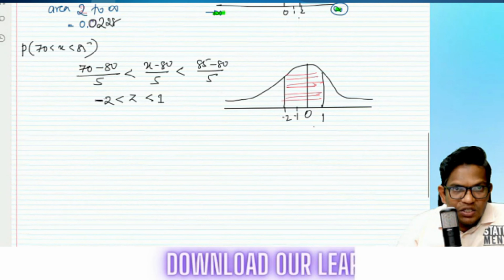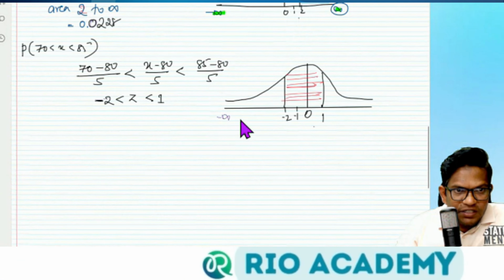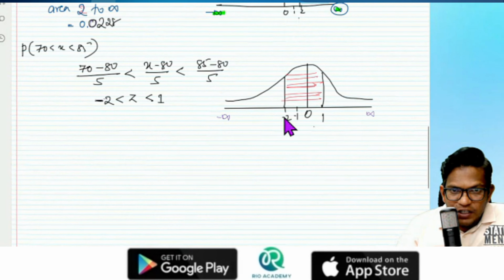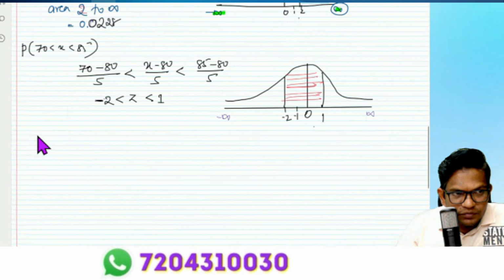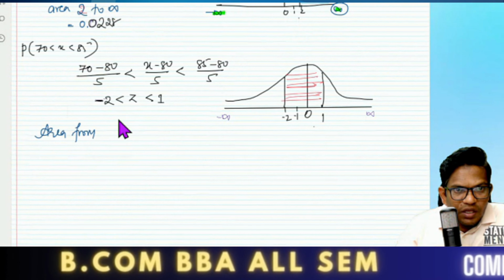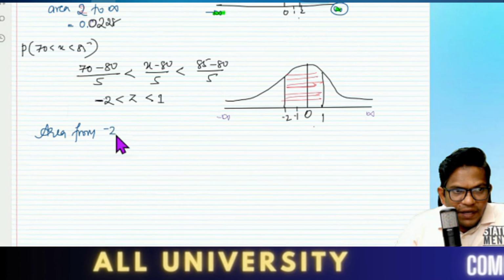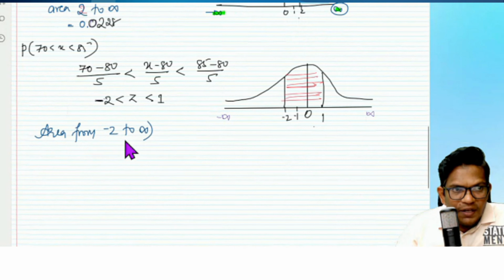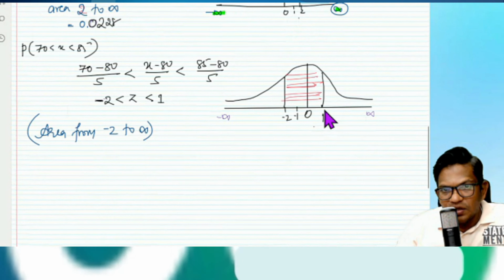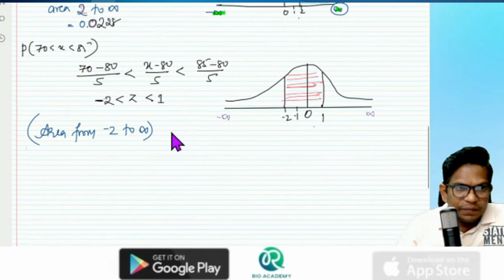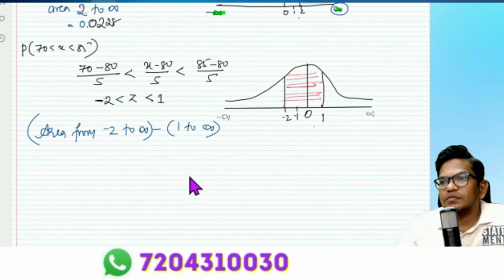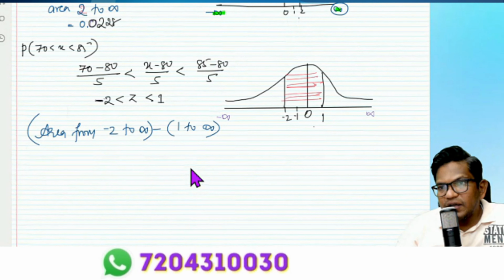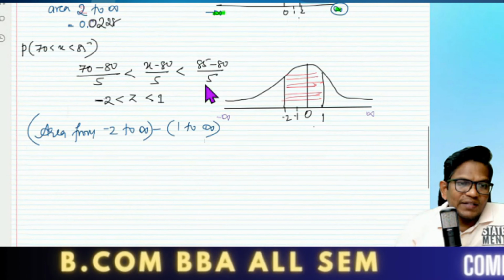Look at that. This is minus infinity and plus infinity. So minus 2 to infinity. Remember this. Area from minus 2 to infinity, and 1 to infinity. Minus 1 to infinity. Got it? So very simple.